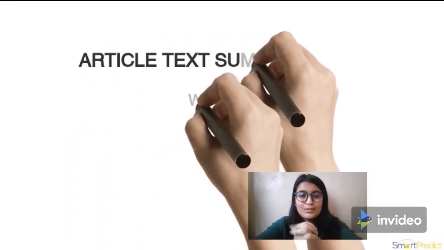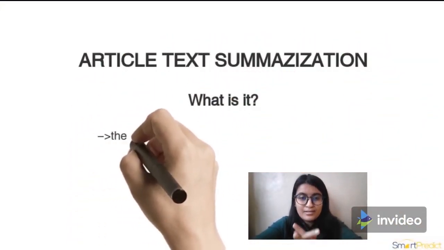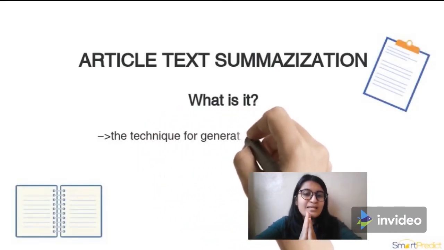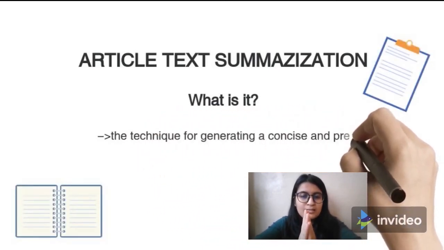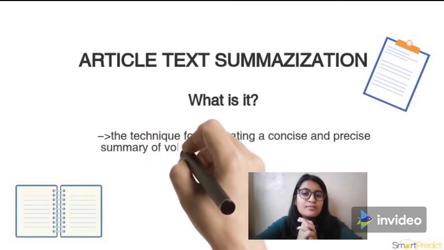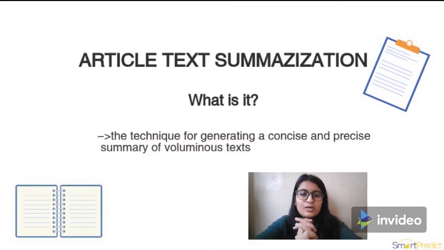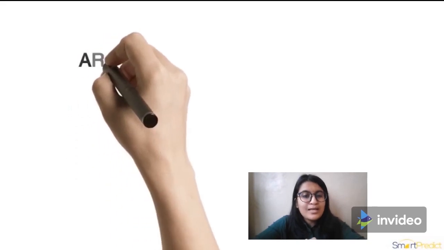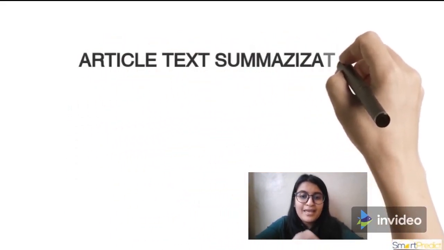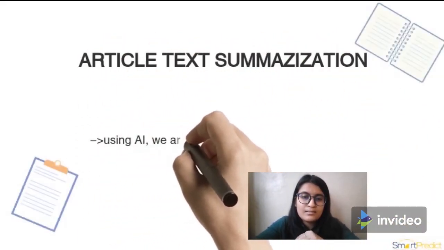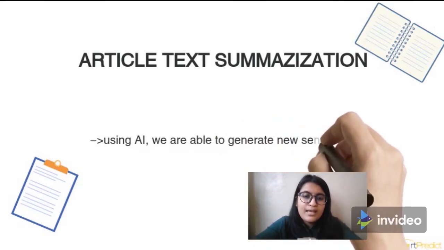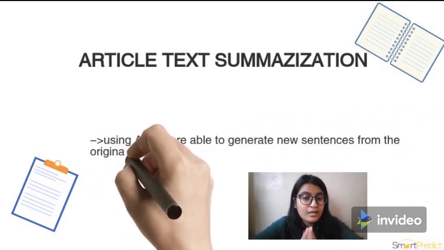So our next use case is article text summarization. Text summarization is the technique for generating a concise and precise summary of voluminous text while focusing on the sections that convey useful information and without losing the overall meaning of that particular text. Now, using artificial intelligence, we are able to generate new sentences from the original text, and it is a very interesting approach.